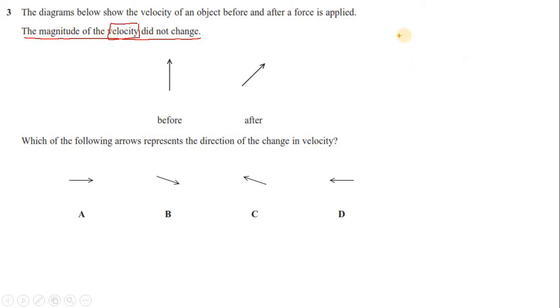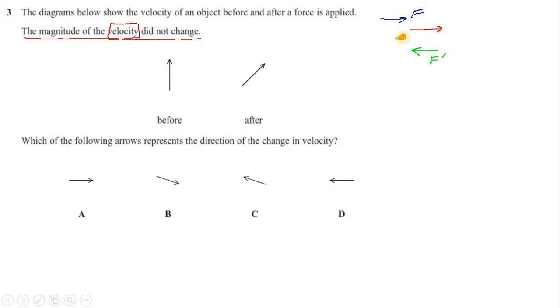Because if a particle is moving, suppose rightward, and a force is also applied in the same direction, like F, then this F will cause a change in magnitude. If a force is applied in the opposite direction, like F dash, then this F dash will cause a decrease in the speed.